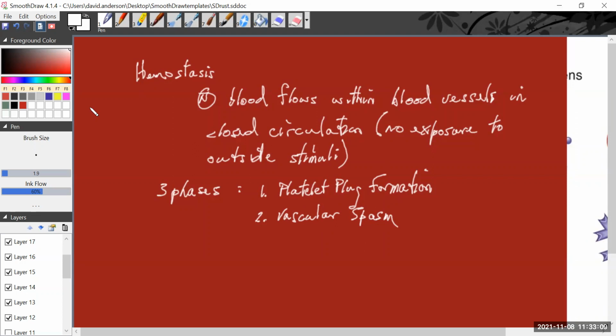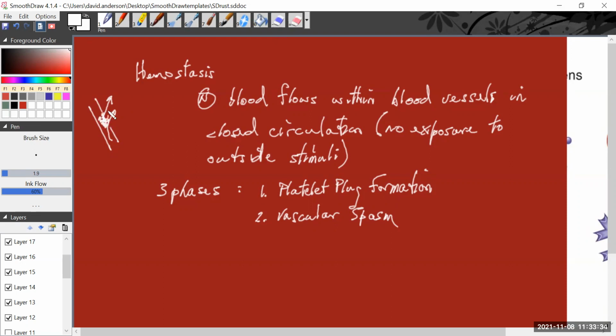So if we say a blood vessel normally looks like this, and if we cause injury and break that blood vessel so that blood is now able to escape, we're in danger of blood loss. 2 things are going to happen. We're going to plug it up with platelets.